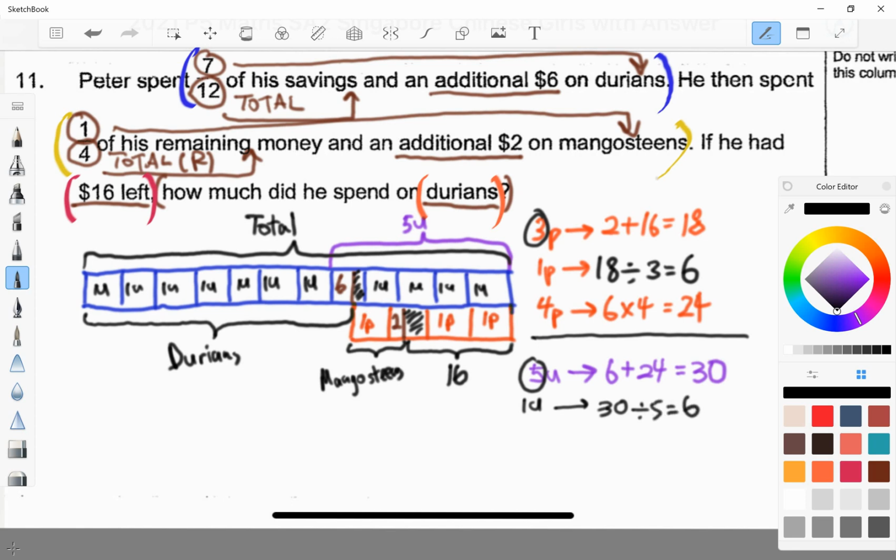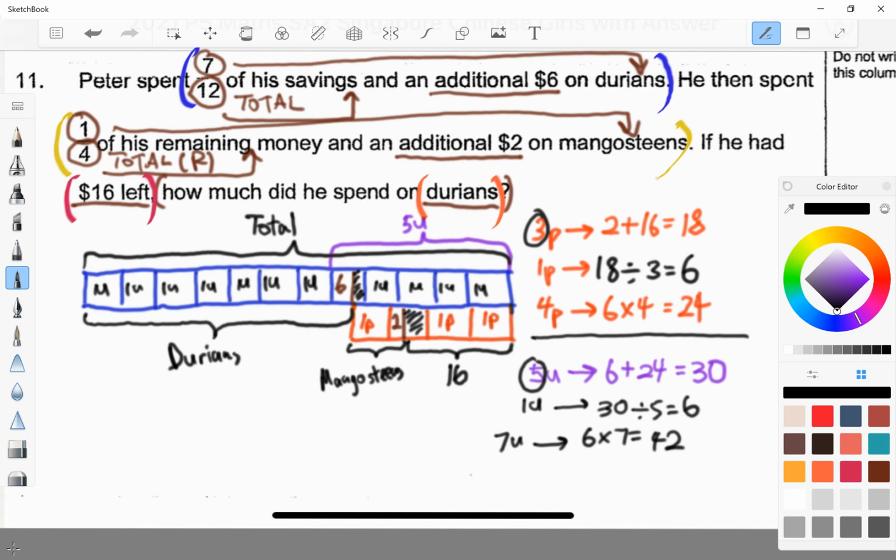So right now I'll need to find the durian. So if 1 unit is 6, what about the durian? They say 7 out of 12 of its savings, which is 7 units. So I'll need to find 7 units. And that will be 6 times 7, giving us 42.